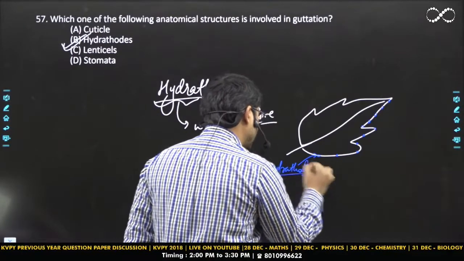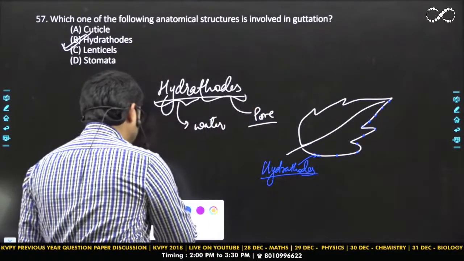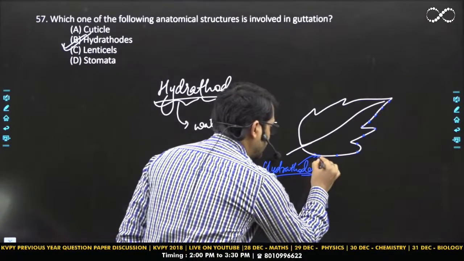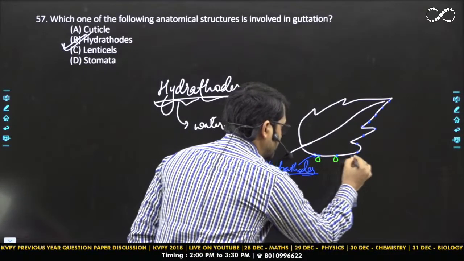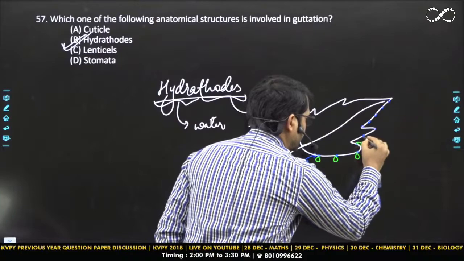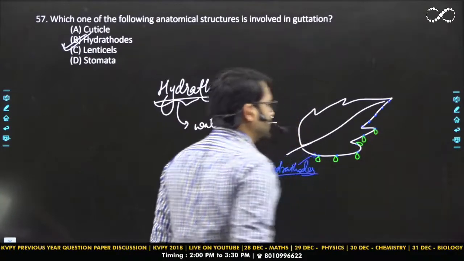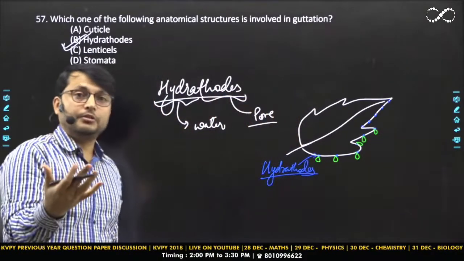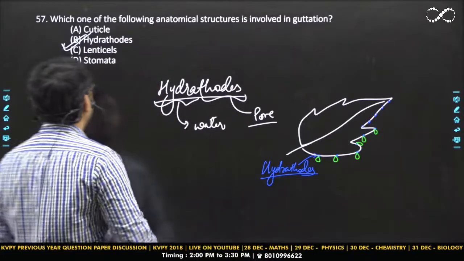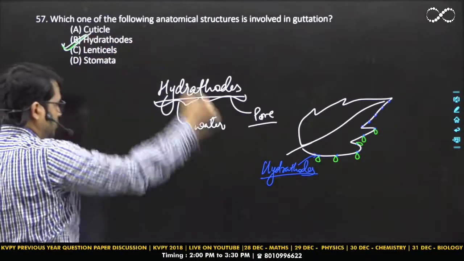From these pores, in the early hours, you can find a liquid droplet hanging. So water is being lost in the droplet form, and this phenomenon is known as guttation. So guttation is happening via hydathodes is the correct option.